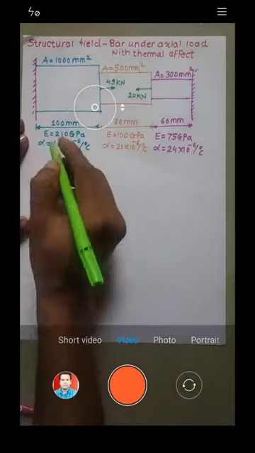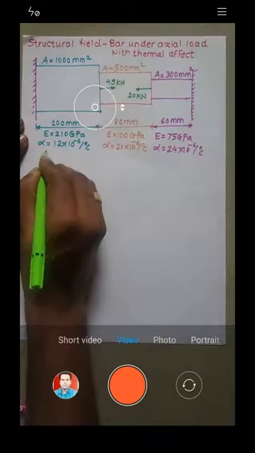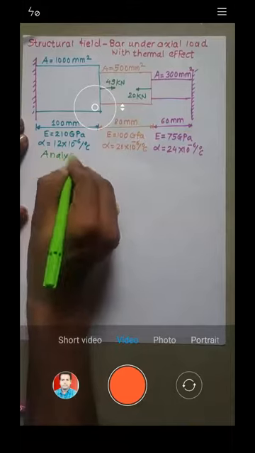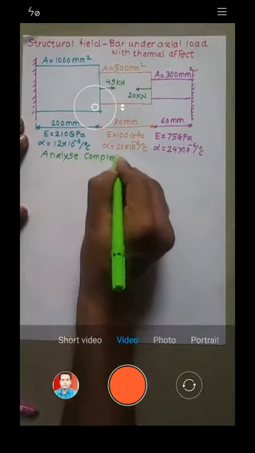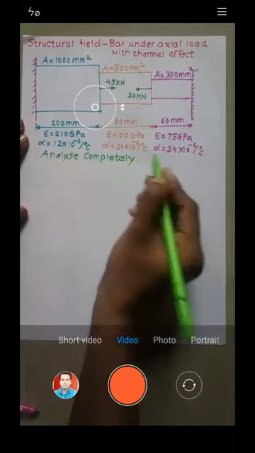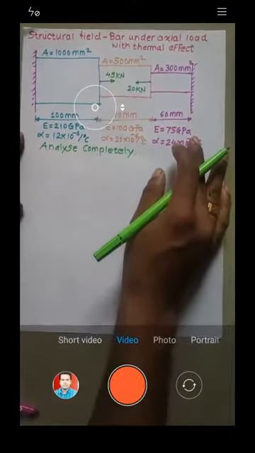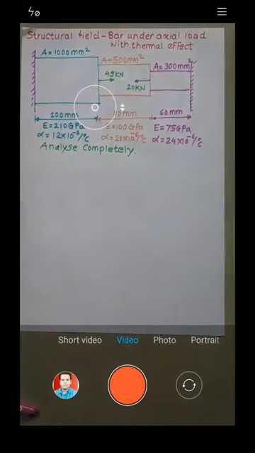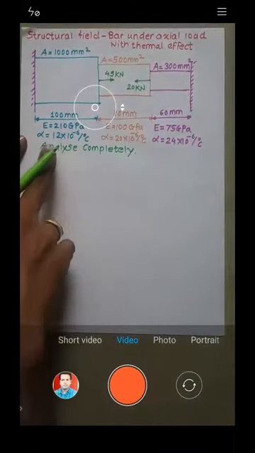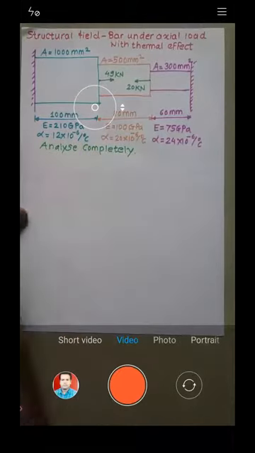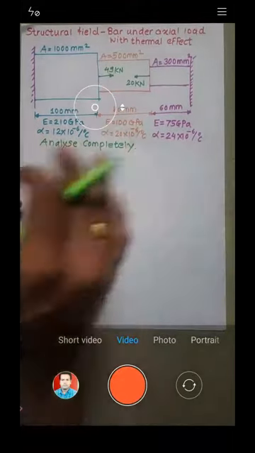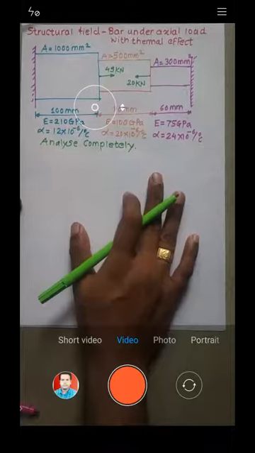When the words analyze completely are written, our final aim is to calculate the value of stress. That is the only meaning this sentence dictates. So this is the final value in which we are interested, right?